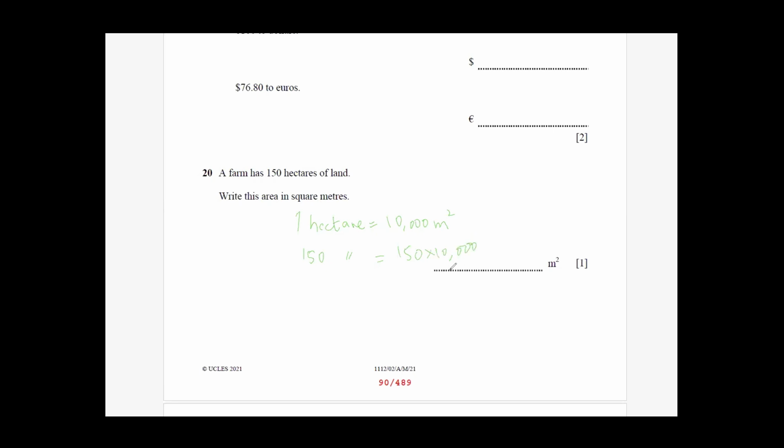So all together, we are going to have 4 zeros with 15. That means 1500000 meter squares. This is the answer to question number 20.